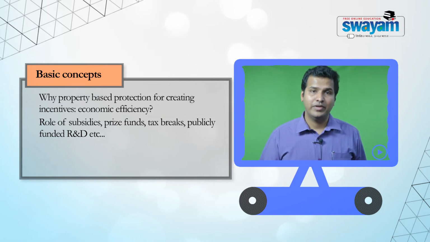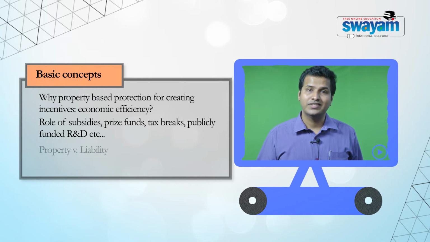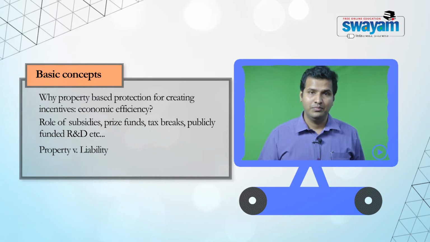This can be classically explained through concepts like property versus liability. In a property system, the entitlement that the IP owner or the intellectual property holder has to receive is determined by the market, because market forces will actually decide how much of remuneration should go back to the IP holder once the product is put by the IP holder in the market, and given that it is protected by law. But in case of liability rules, the entitlement that the inventor or creator should receive is decided by some third party.